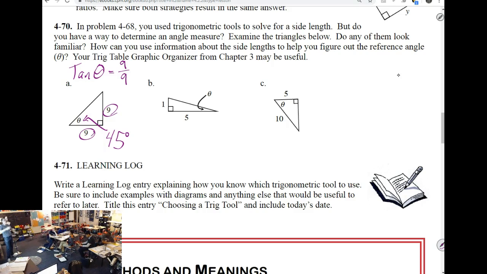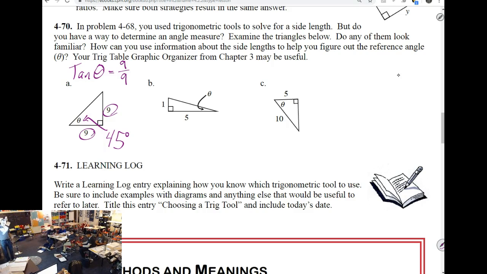We can solve for whatever's missing, and now we're missing the angle. So to get theta by itself, we have to undo tangent. We can't undo that tangent did happen, but we can apply an inverse tangent, and it'll get us 45 degrees.